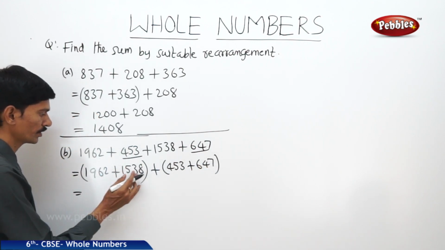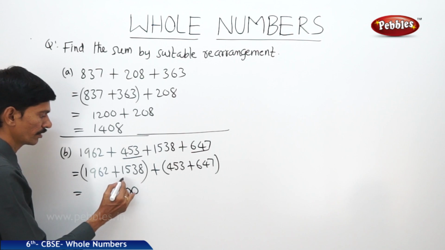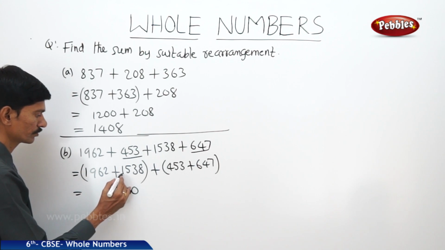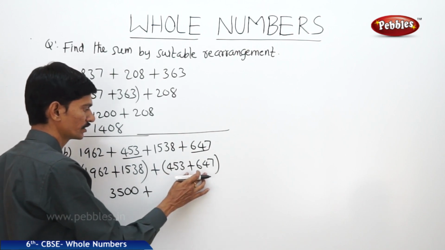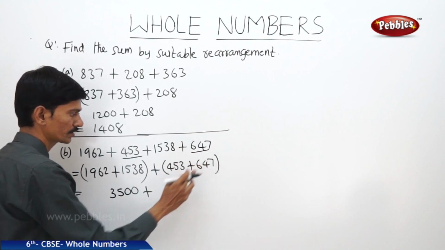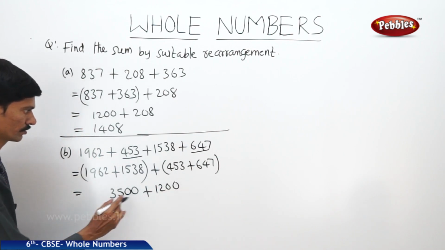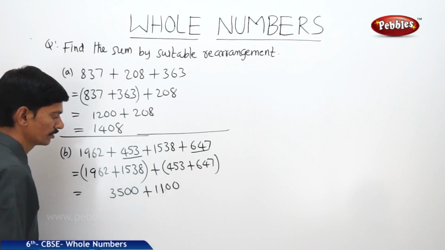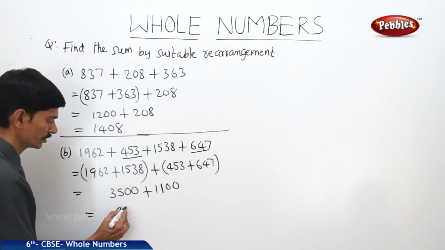Now by adding, 1962 plus 1538 gives 3500. Then 453 plus 647: 600 plus 400 is 1000, and 53 plus 47 is 100, so this is 1100. Then we get 3500 plus 1100 is 4600.